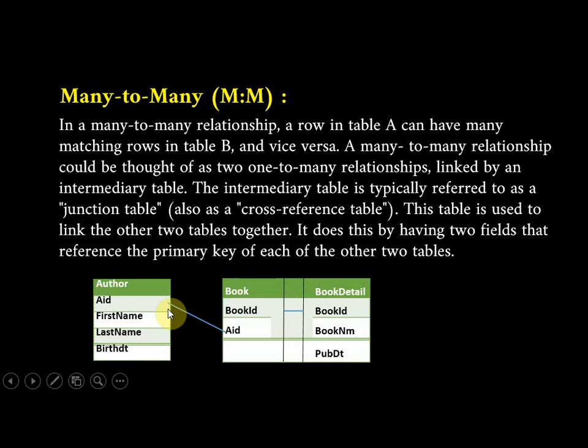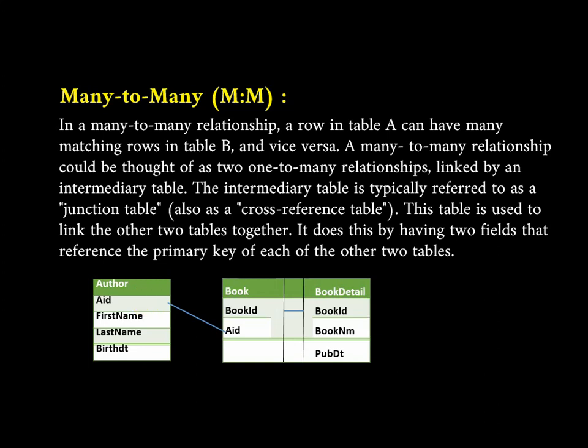A many to many relationship means we create a relationship between more than one table, so one table's data can go to the second table, and the second table's data can go to the third. So this is the example of a many to many relationship.